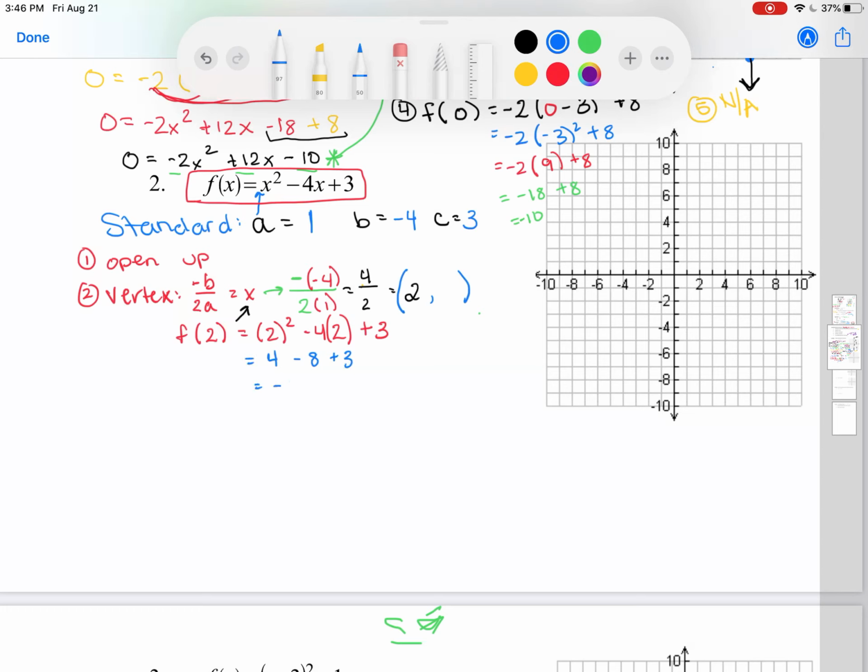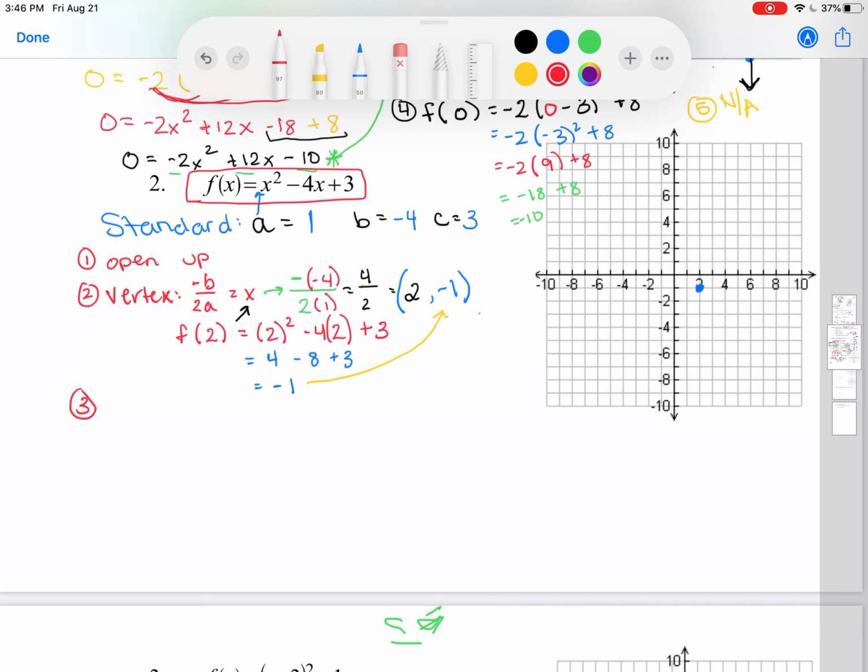Simplify one more time and you should get a negative 1. And that negative 1 is going to be what gets put in for our y value on our vertex. Once we know that, we can plot a point at 2, negative 1. Then we can move on to step 3.